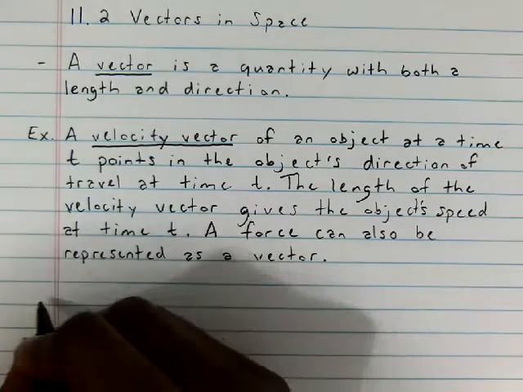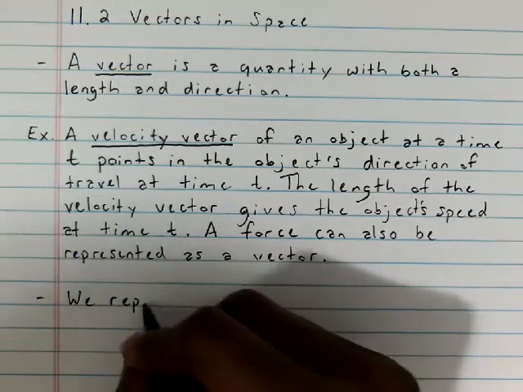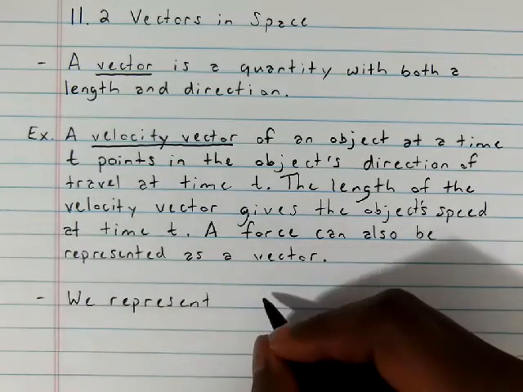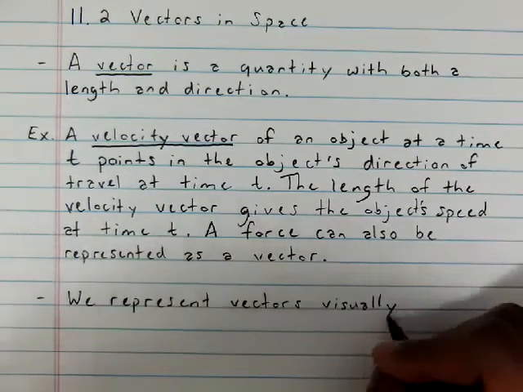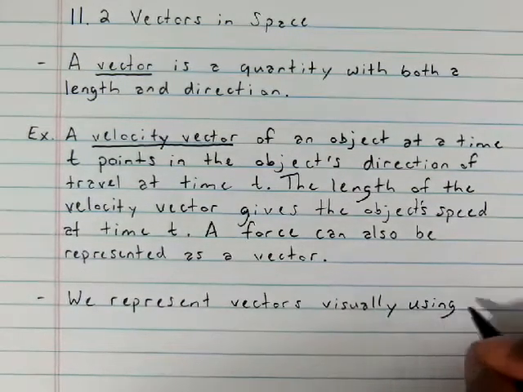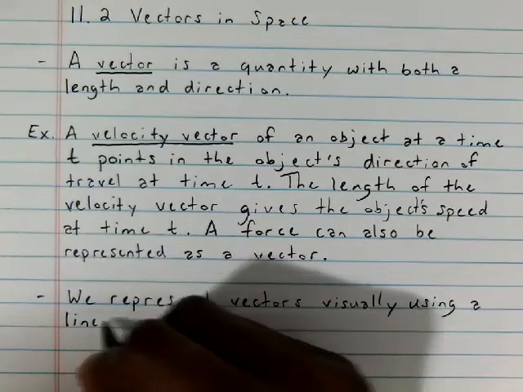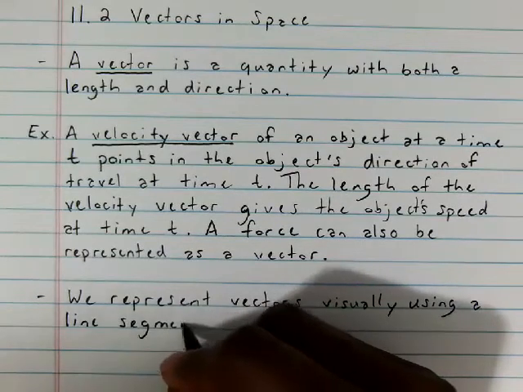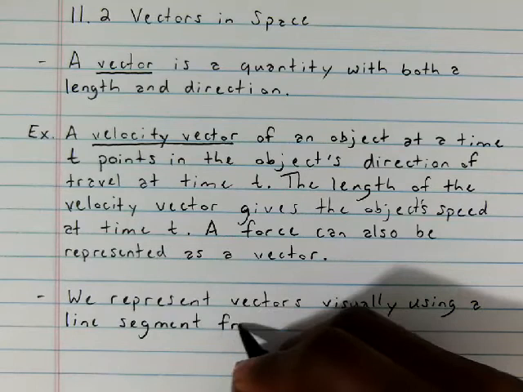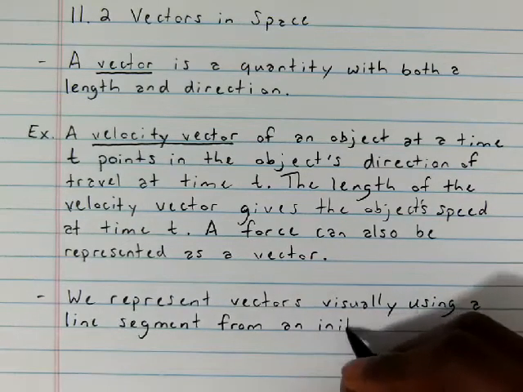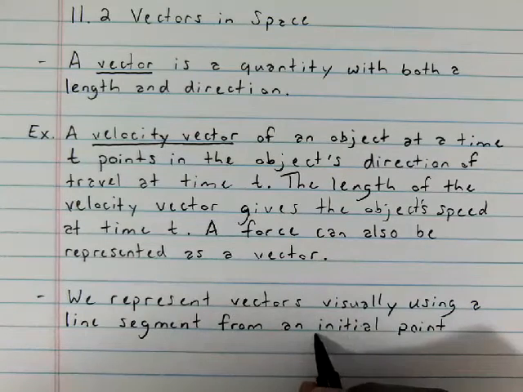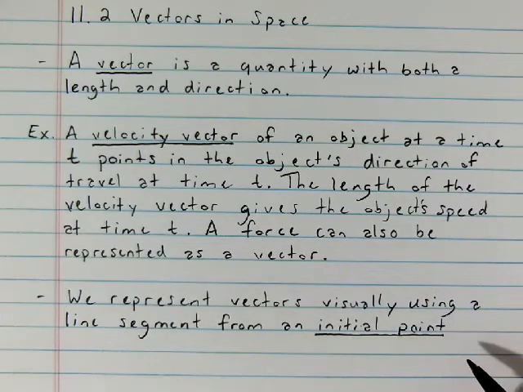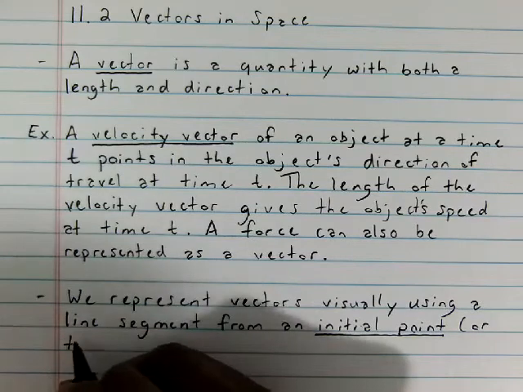So now we represent vectors visually using a line segment from an initial point, or you'll often hear that initial point called a tail.